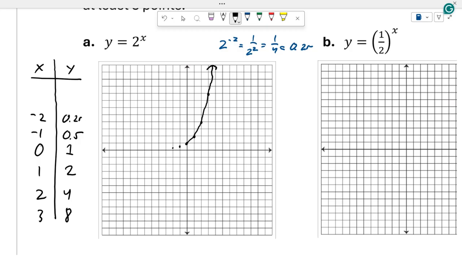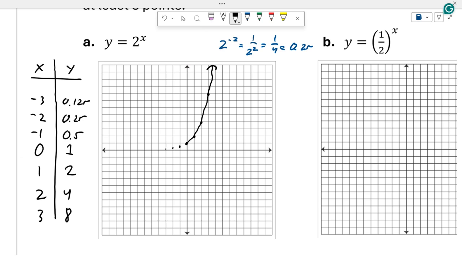Okay, so 0.25. At -3, that's going to be 2 to the -3rd. By a similar rationale, 2 to the -3rd is 1 over 2 cubed, which is 1 over 8, which is 0.125. So that's there.